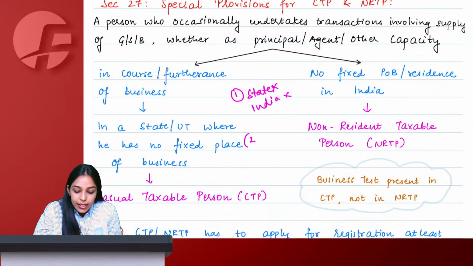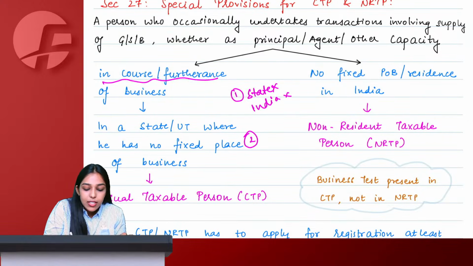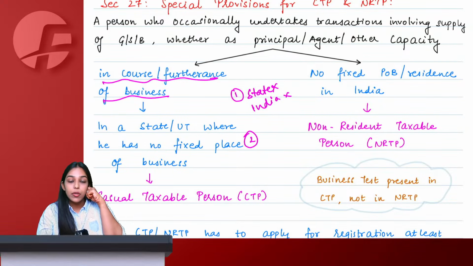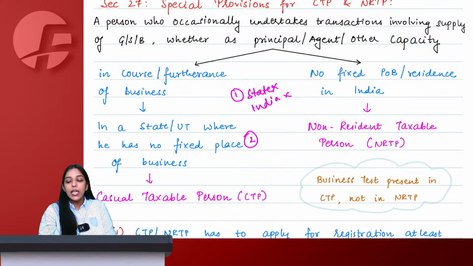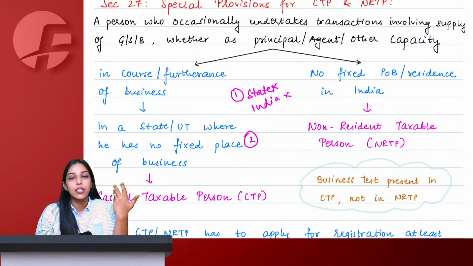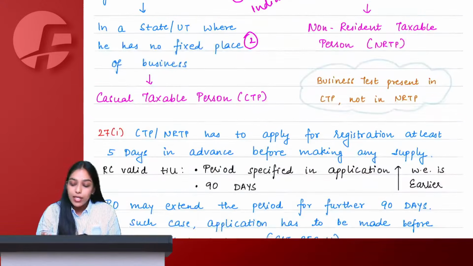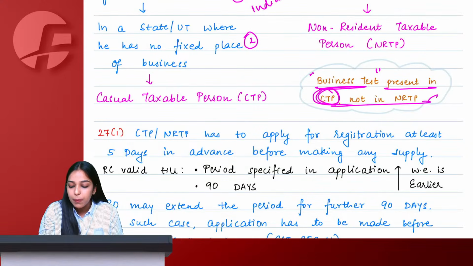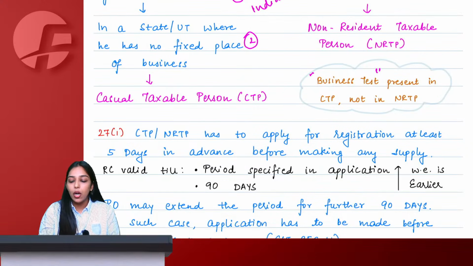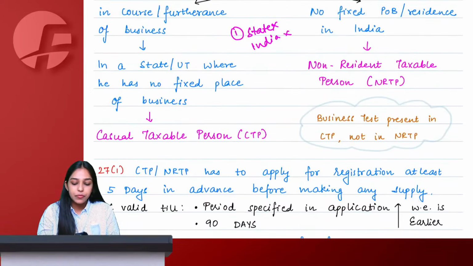Second, there is a business test for CTP, that CTP should be doing transactions in course or furtherance of business, whereas for NRTP there is no business test. Simply if an NRTP comes and does supply transactions, then also he or she will be known as NRTP.